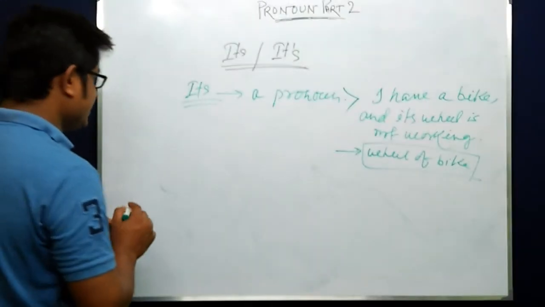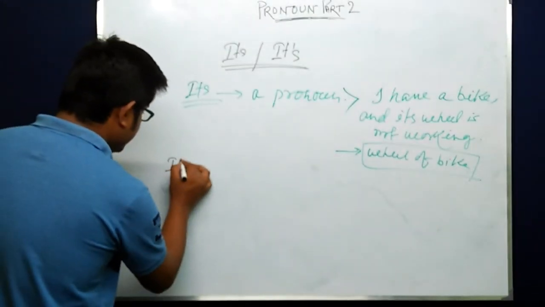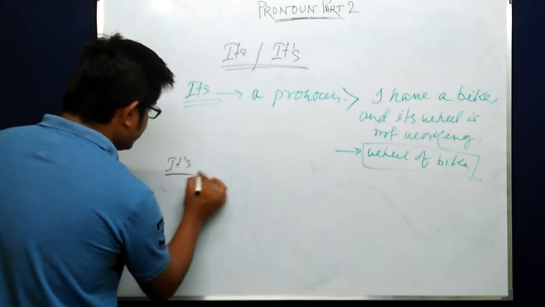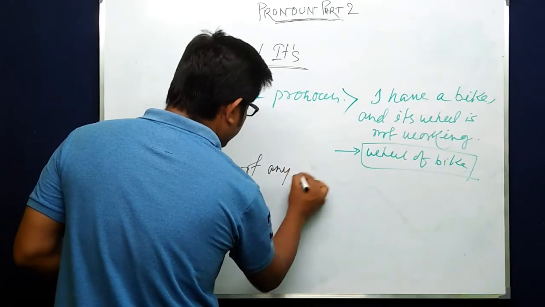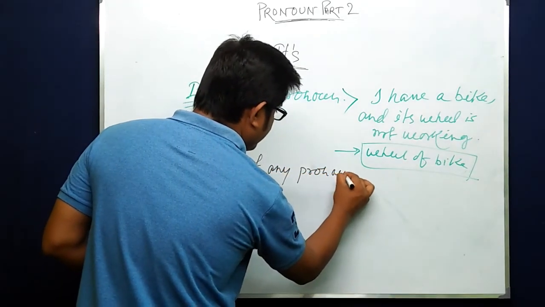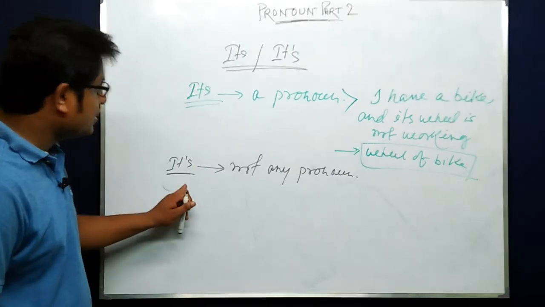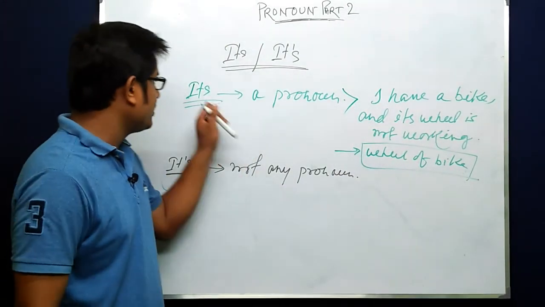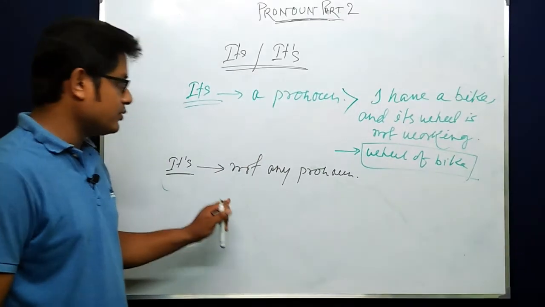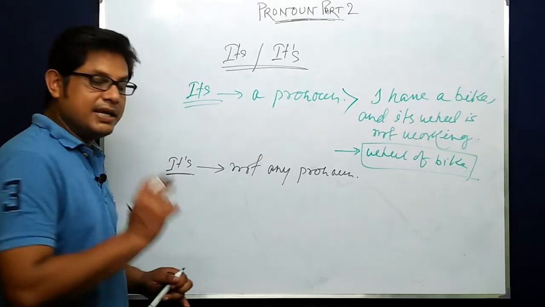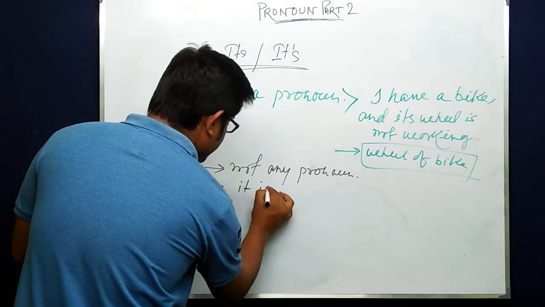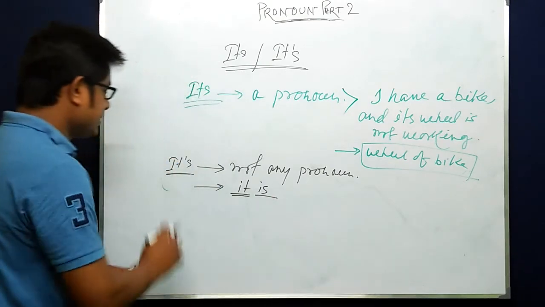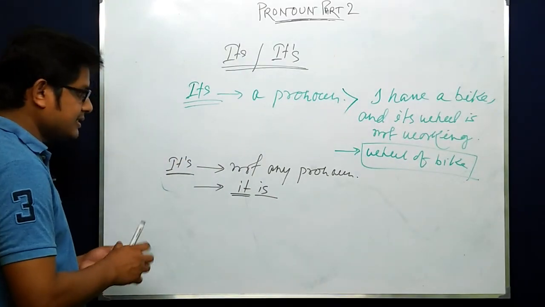But whenever you use it apostrophe s, first of all, it is not any pronoun. Do remember, it is not a pronoun. This is a pronoun, this is not a pronoun. So what is the meaning of it? It has two meanings. Number one, it apostrophe s means it is.